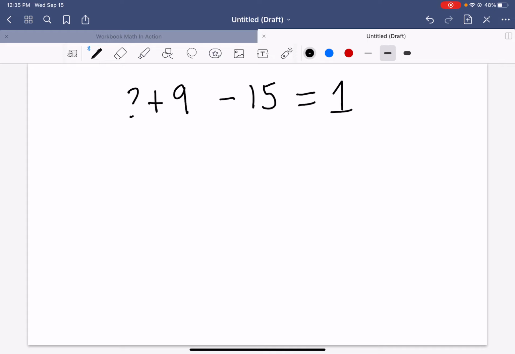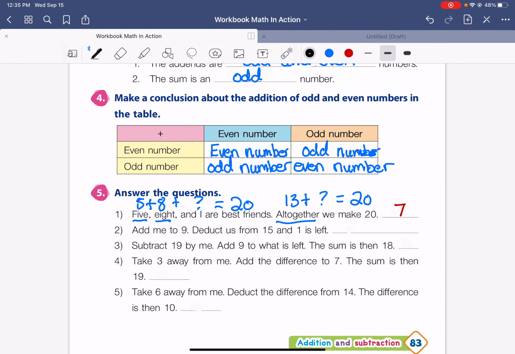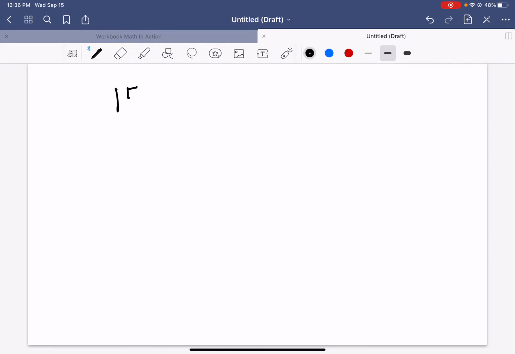Oh, sorry, deduct us from 15. So it's going to be written like this. Deduct us from 15 means minus from 15. So 15 will go at the top. Minus, add me to 9.